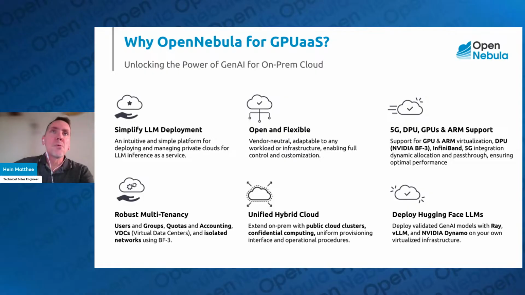The ability to support 5G, DPU, different types of accelerators, GPUs obviously, as well as, if you're going to be running some of these services at remote edges, you might not want to invest in very expensive hardware.